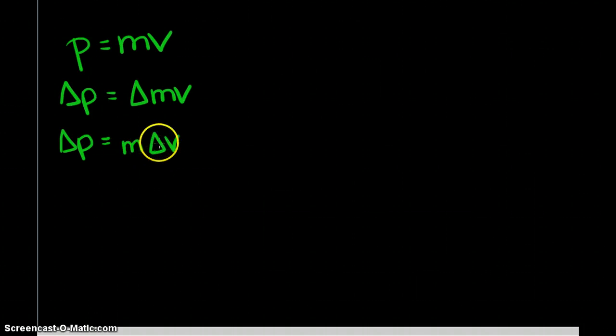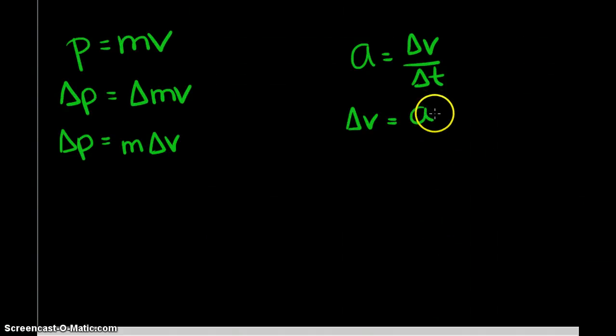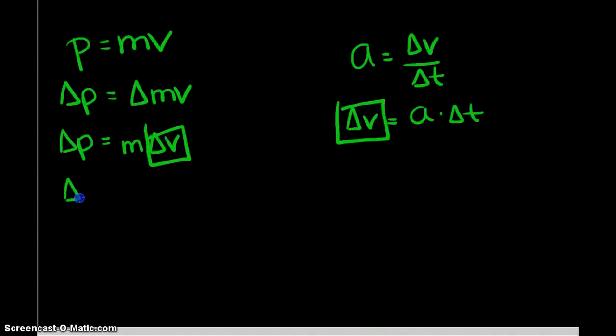Now, if I want to think about how acceleration comes into play here, I know that acceleration is equal to delta v over delta t, right? So delta v is equal to acceleration times delta t. If I substitute in what I have for delta v, I have ma times change in time.